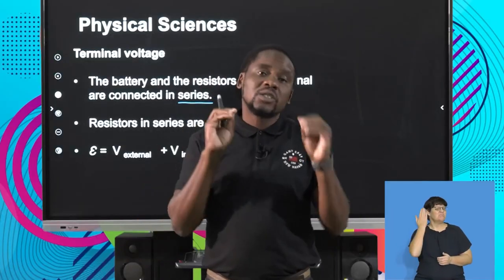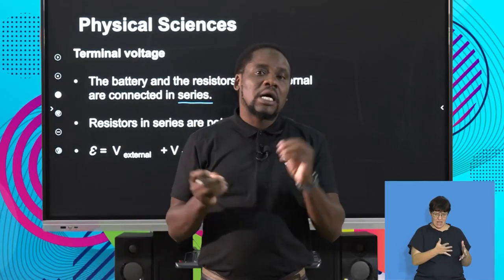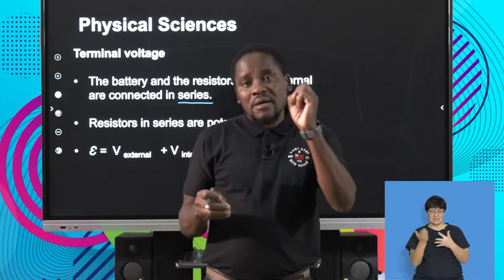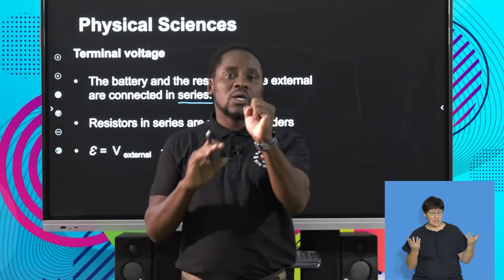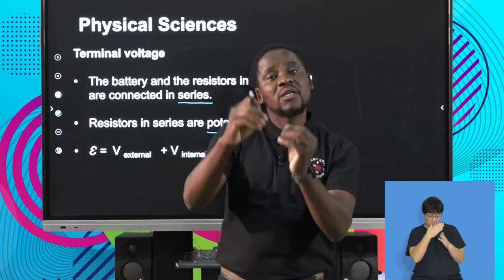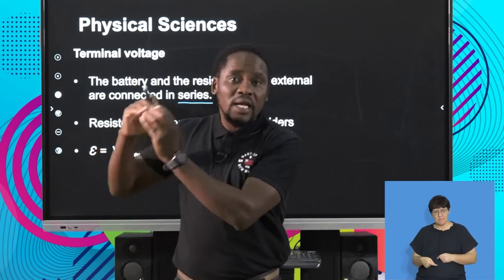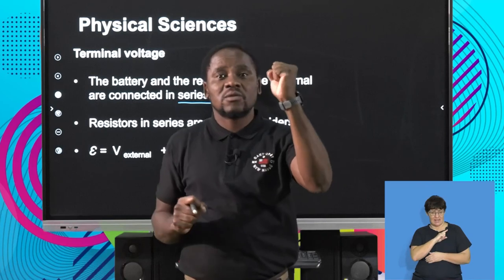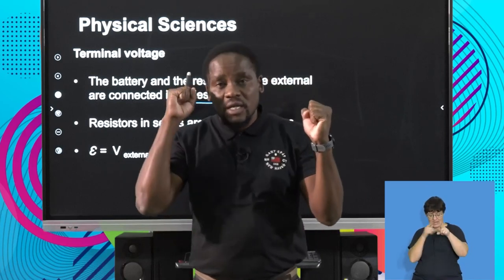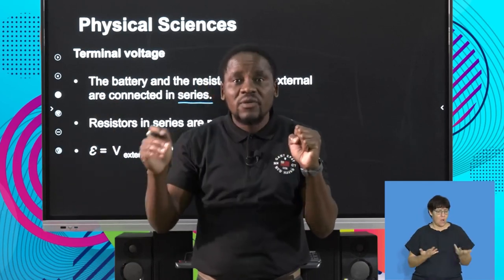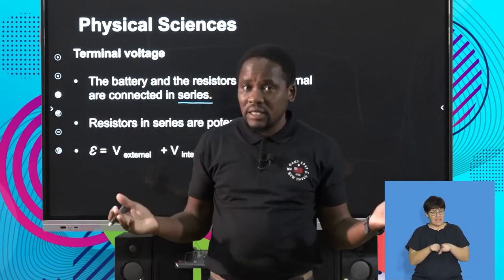When we have two resistors connected in series, we know that potential difference is divided, okay? But the amount of current that passes through the battery with its internal resistance will be the same as the current that goes through the light bulb, because they are connected in series. So they receive the same amount of current, okay?